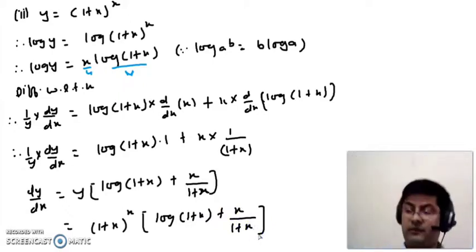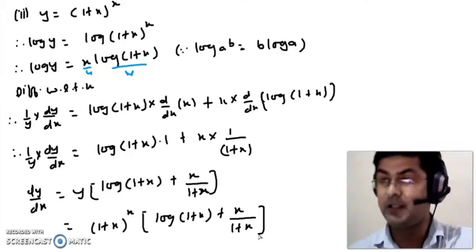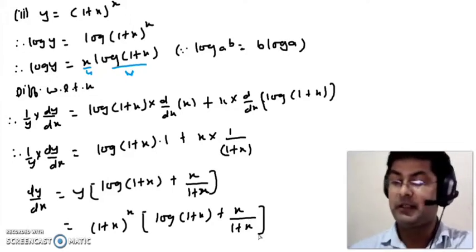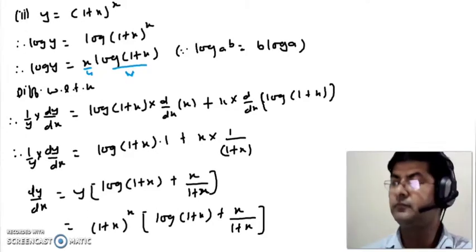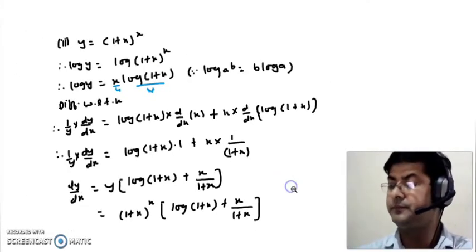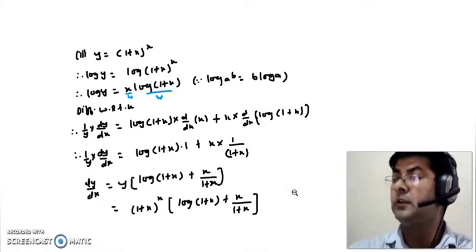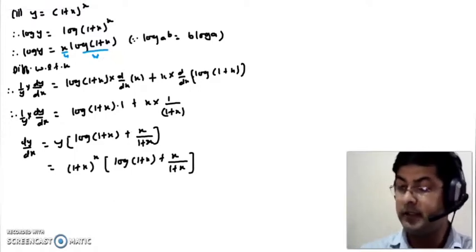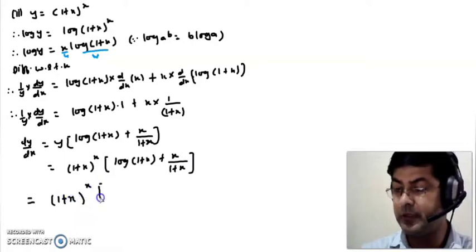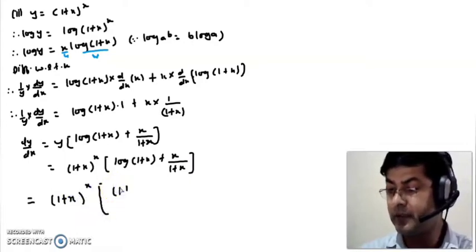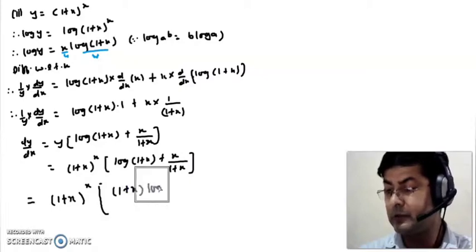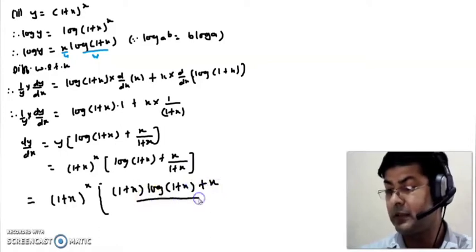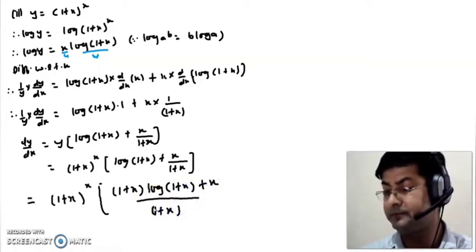Okay, if you want to simplify, you can do one more step after taking the LCM inside the bracket. Let me show you how. You can simplify in this way. Take LCM inside the bracket, so we have (1 plus x) raised to x. Now in the bracket we can write in the numerator (1 plus x) log (1 plus x) plus x, and the denominator is 1 plus x.